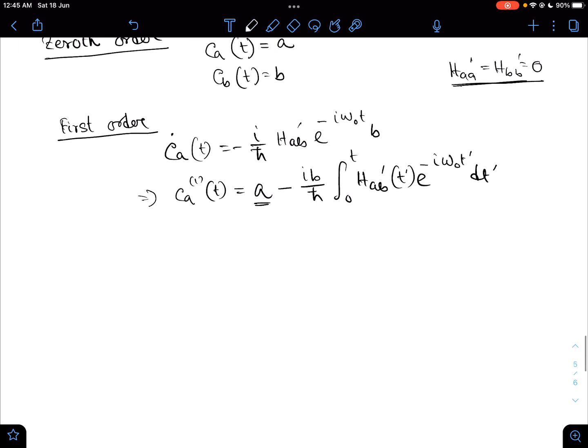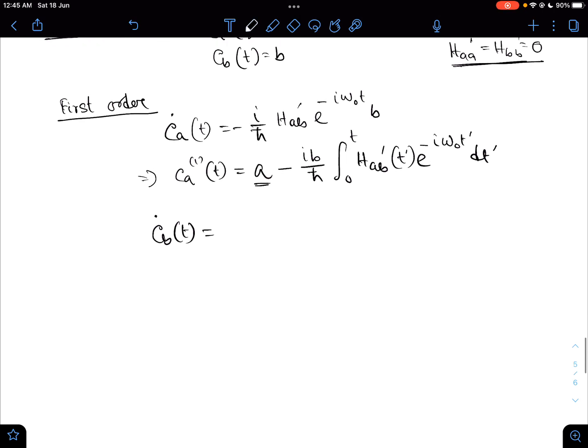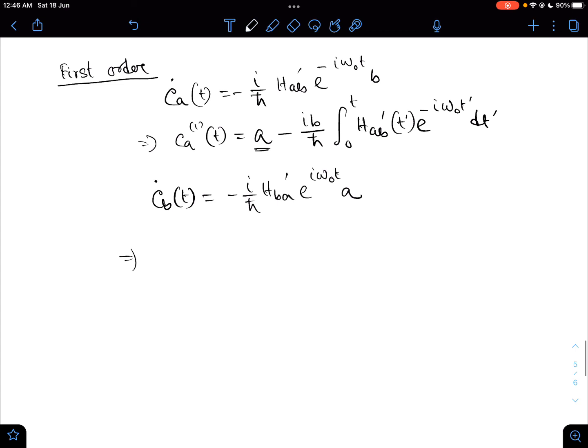And CB derivative will be minus i by h cut HBA prime e to the power i omega 0 t times CA. So what will be our CB in first order?